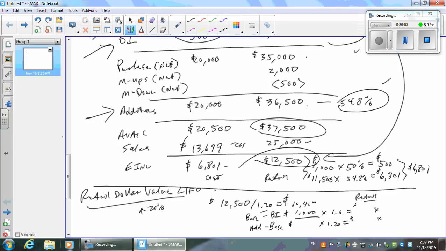Okay, and that's the whole inventory in base year dollars. Take away the 1,000 that we had last year in base year dollars, and we got 9,417. The 1,000 times 1 is, of course, still 1,000, right?